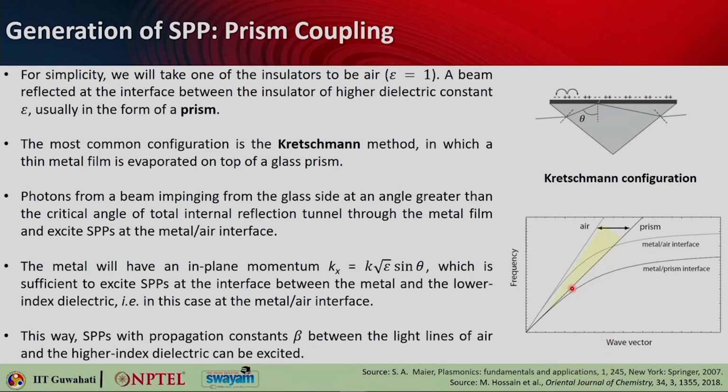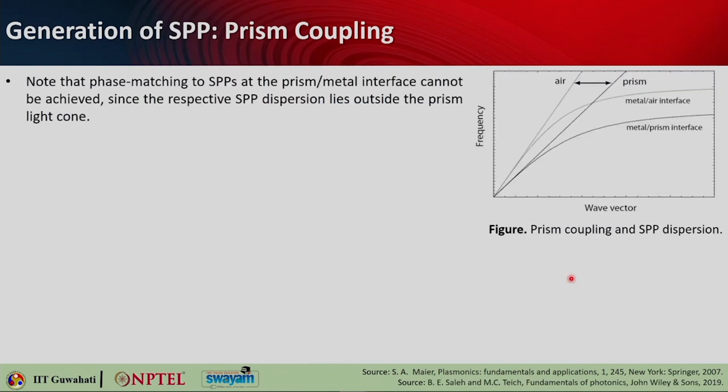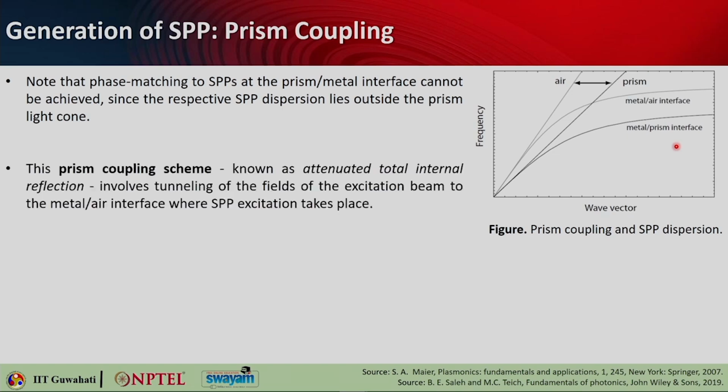Now, as I mentioned, this way only SPPs with propagation constant beta that falls within the light lines of air and prism can be excited. Also note that the phase matching to SPPs at the metal prism interface cannot be achieved. So, you will not be in a position to excite surface plasmons on the metal prism interface.